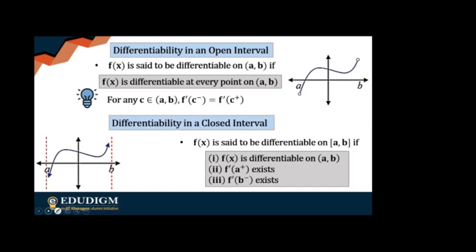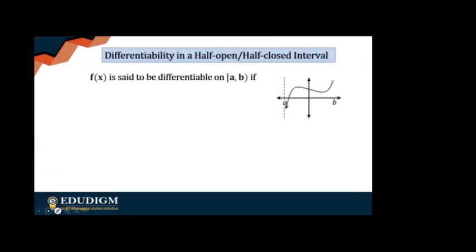It's very similar to the approach in continuity that you're already familiar with. Half open, half closed, again very similar. So the open interval is there everywhere. Otherwise, if you have any extremities included, make sure you consider that point, and depending on which extremity is there, you take the right hand or left hand derivative.